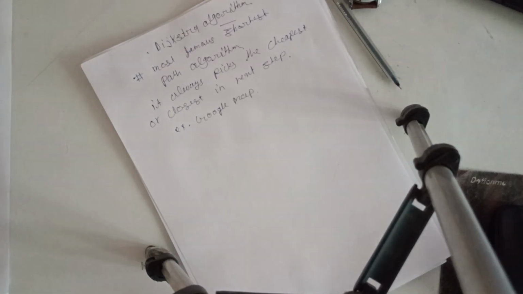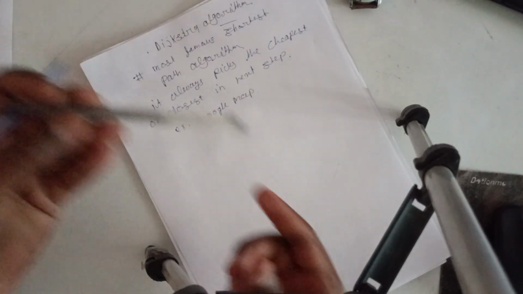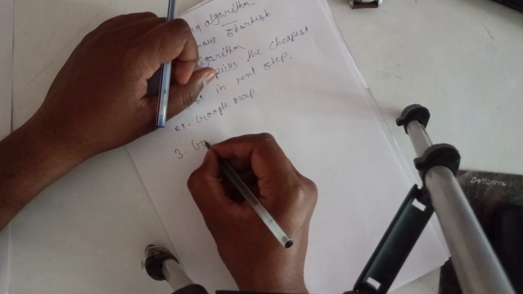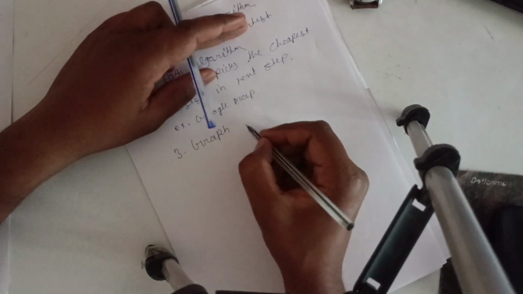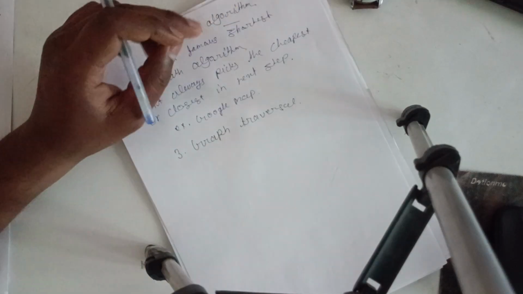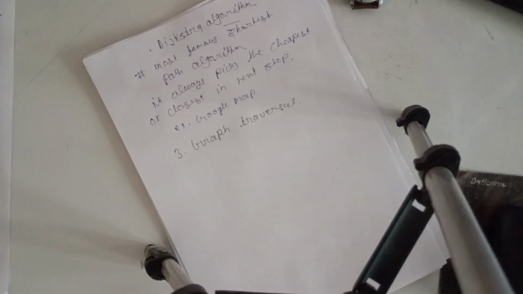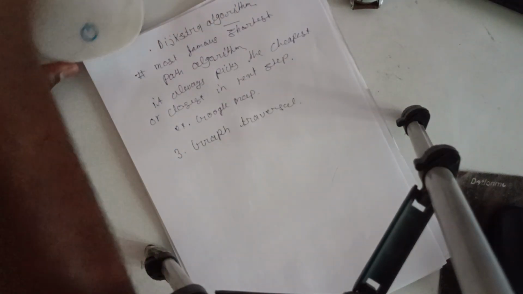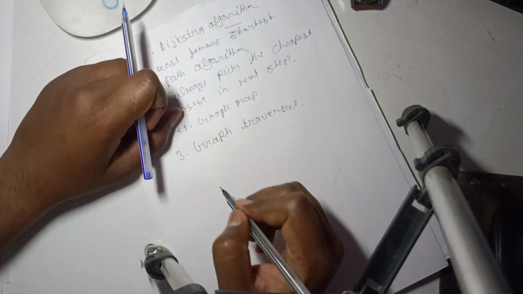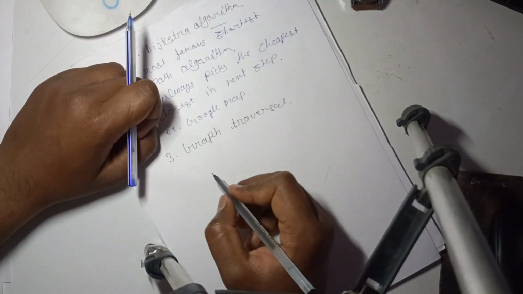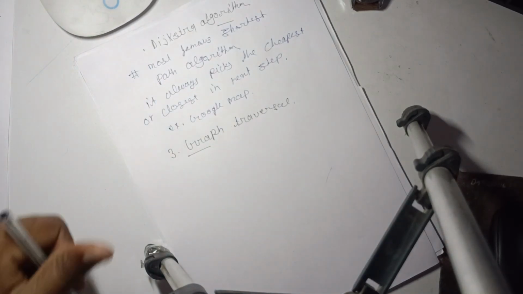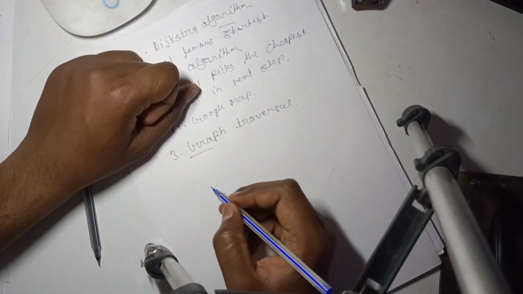Now let's discuss graph traversal, which I have discussed already. We have the third topic, graph traversal. Graph traversal is a method to process visiting every city in your graph exactly once.